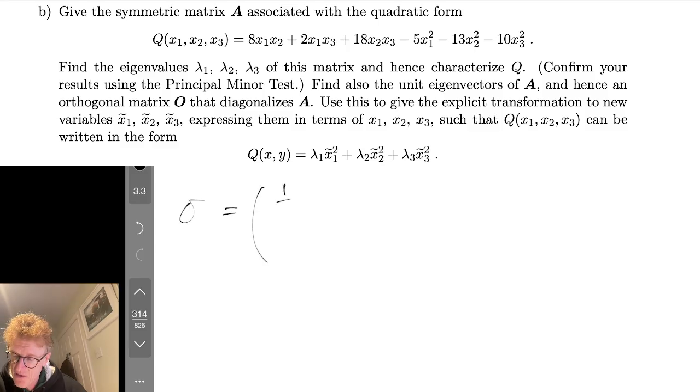So you just fill that with the eigenvectors as columns.